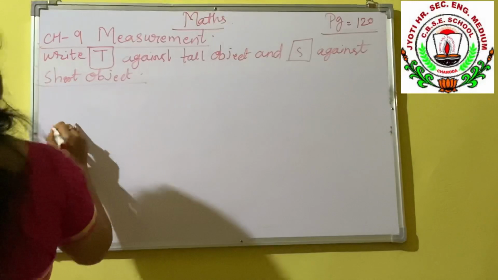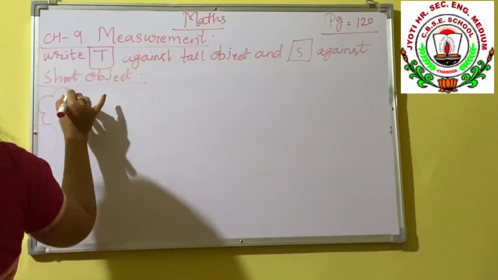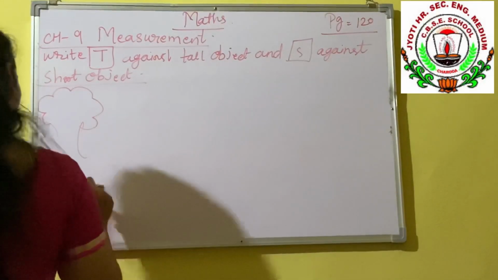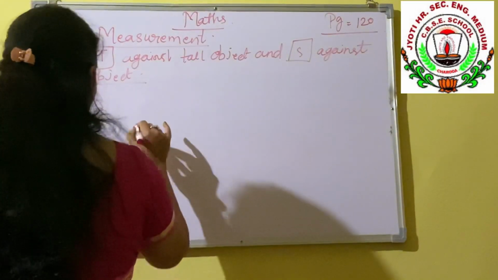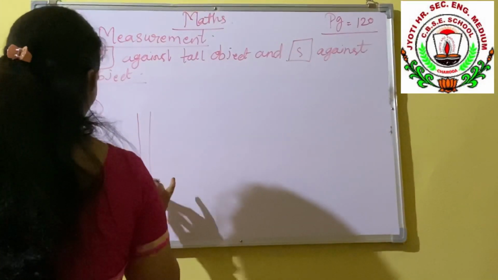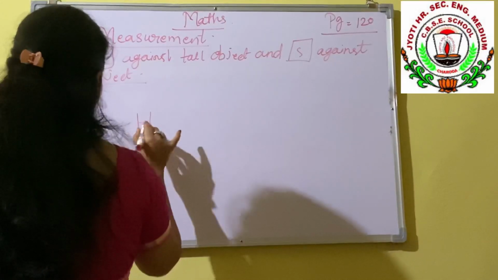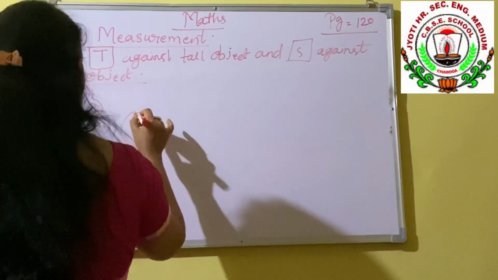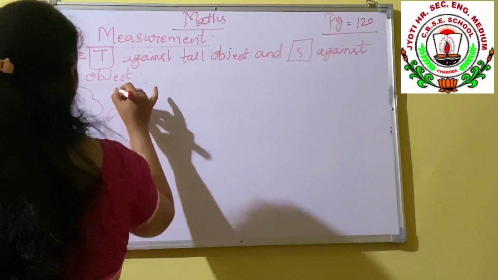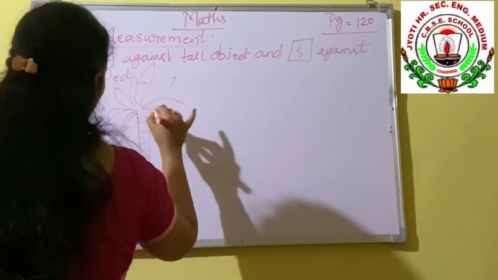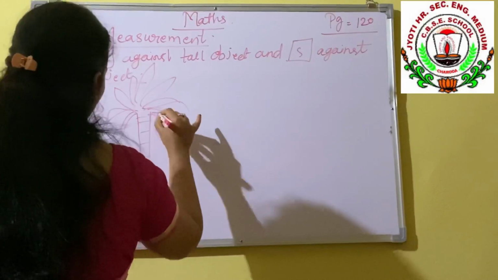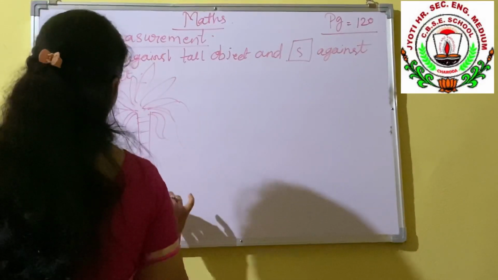First, one mango tree is drawn over here, and one coconut tree is drawn over here. Okay, like this.